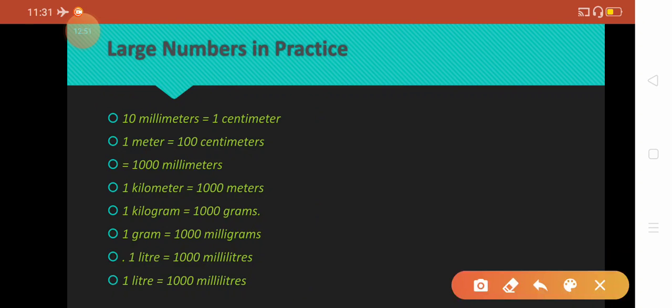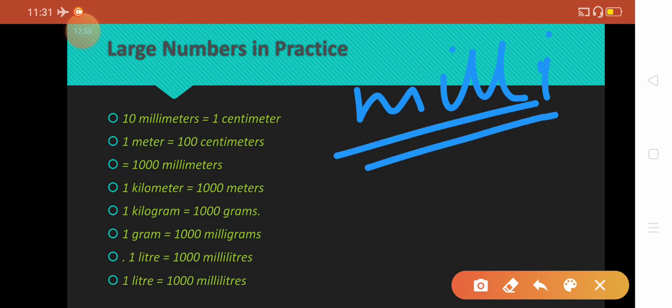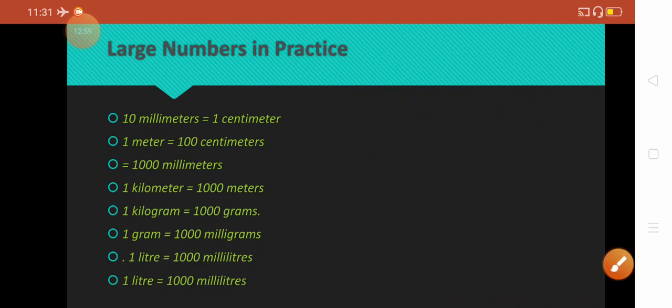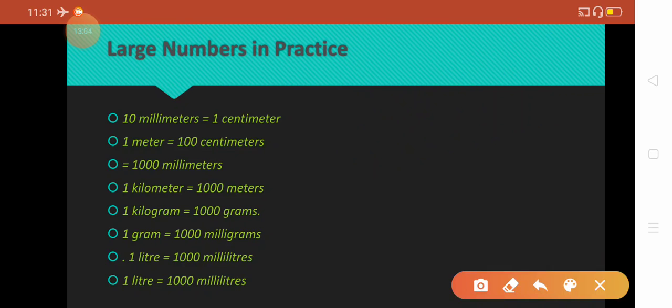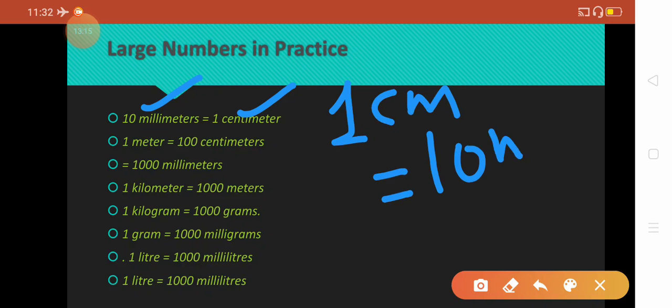First one, whenever milli is given. Milli is the smallest unit. So the first one is 10 millimeter is equal to 1 centimeter. We will write it as 1 centimeter is equal to 10 millimeter.